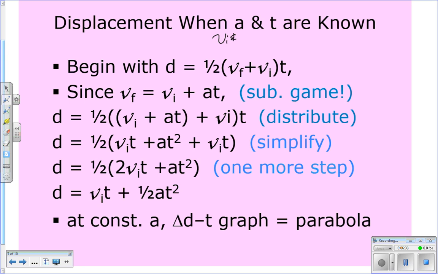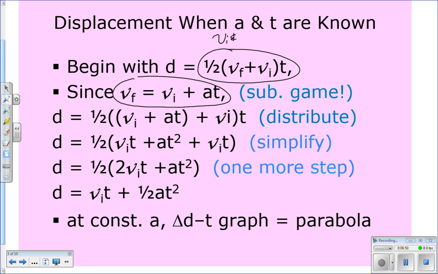So if we start with that equation that we just figured out, 1/2 of VF plus VI times t, and then we play one of my favorite games, the substitution game. We've got this equation in our last set of notes, VF equals VI plus AT.